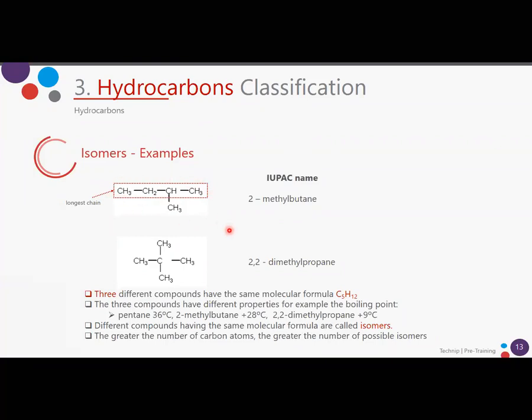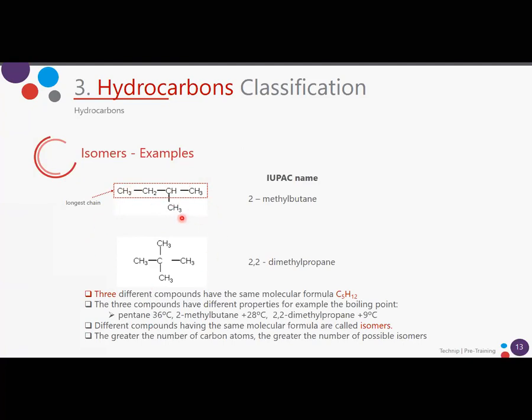Where do we have it? In the second carbon. So we will call it 2-methylbutane. Of course, you can also draw it like here, but it's the same because we have the butane, and this would be the alkyl attached to the second carbon. So we'll also have 2-methylbutane.